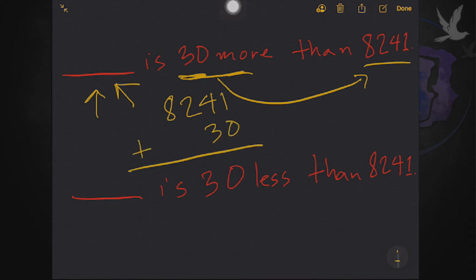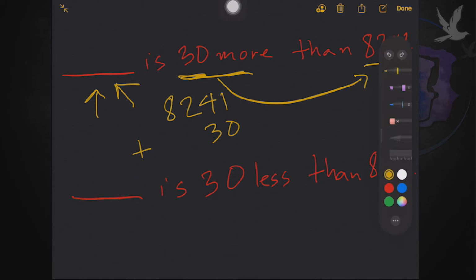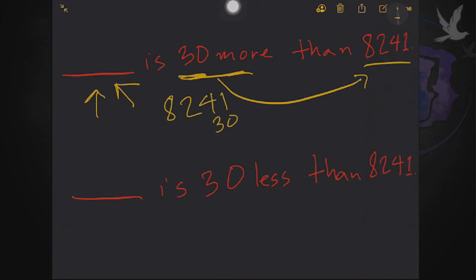Okay? So doing so, wait lang, erase ko lang kasi medyo nawalan tayo ng space. Okay. 30. Add lang natin. 1 plus 0 will give you 1. 4 plus 3 will give you 7. Bring down 2 and bring down 8. Okay, so it is safe to say now that our answer here in our first blank is 8,271. Okay, 8,271 is 30 more than 8,241.